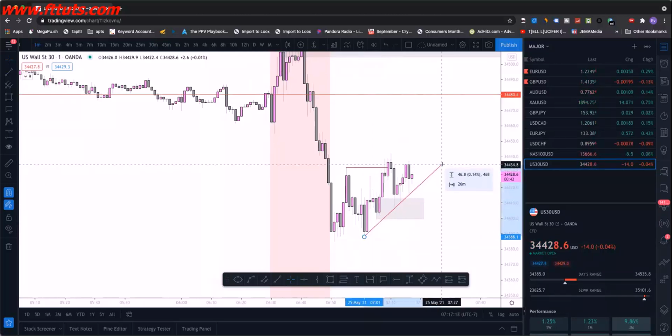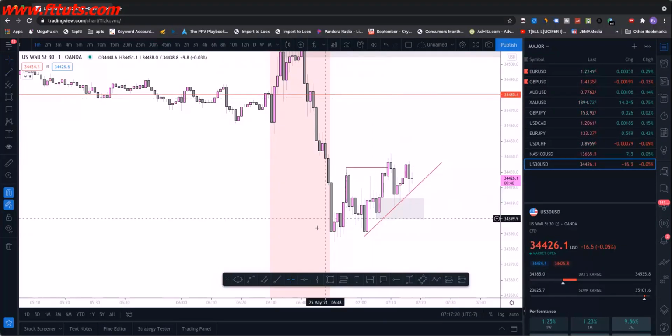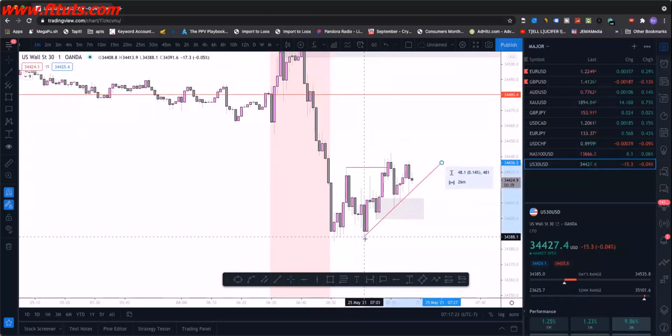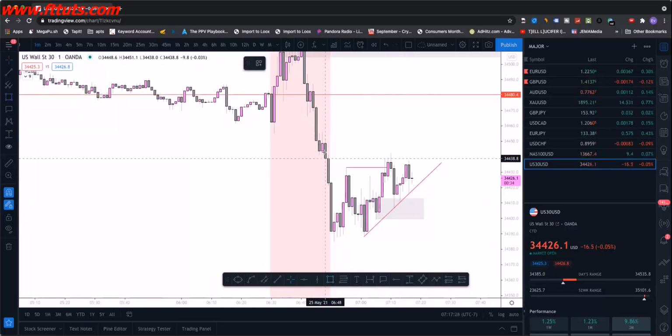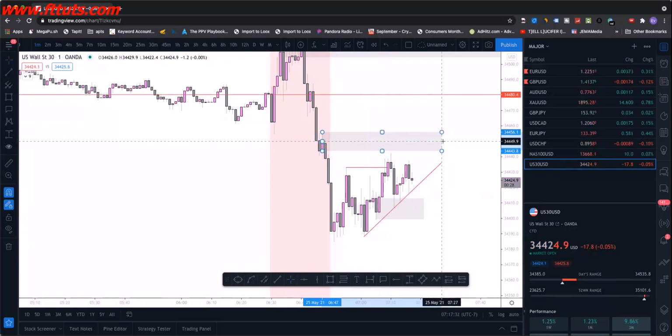So definitely can be targeting these lows down here. Actually might be a good idea to sell from this area if we get here. So we're just going to have to wait and see. It's not that big. I mean, it's 12 pips, so it is kind of big.